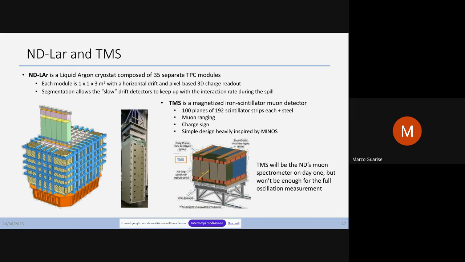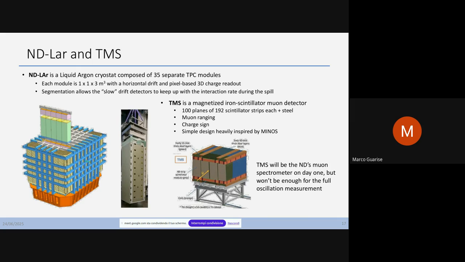And coupled to it, we have the TMS, which is the muon spectrometer, which in the actual design is similar to MINOS, but in future will be upgraded to a more sophisticated detector to measure some quantities precisely.